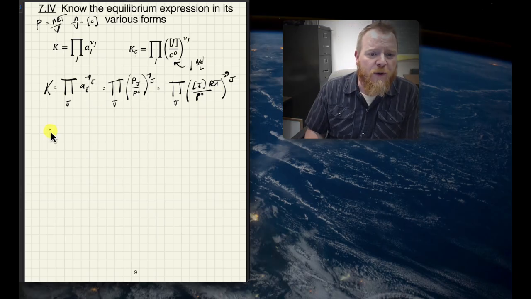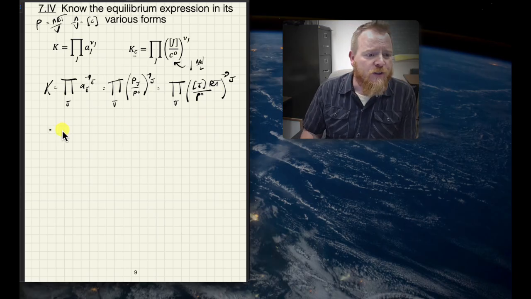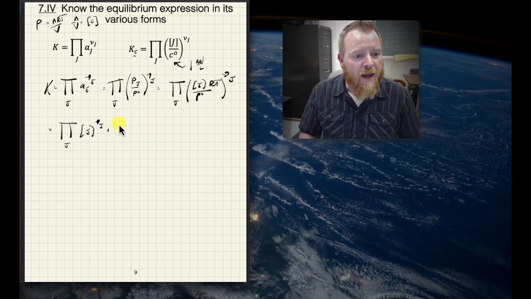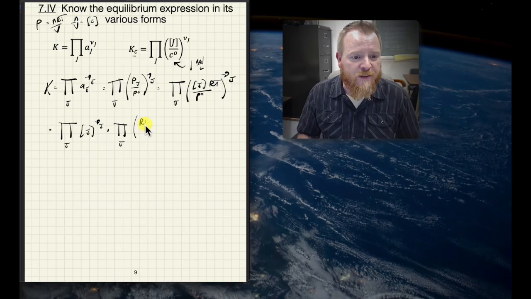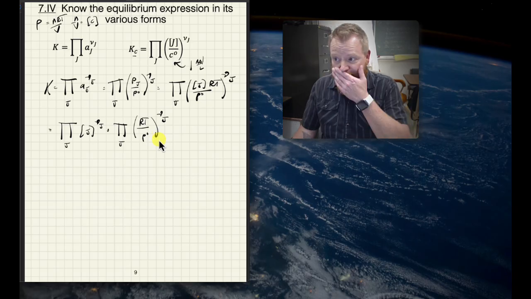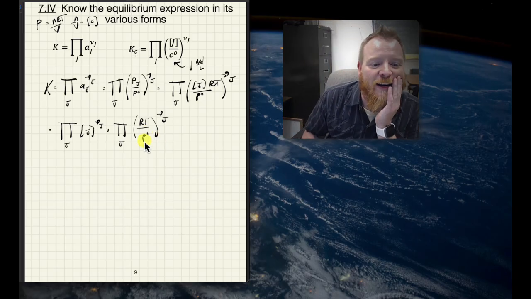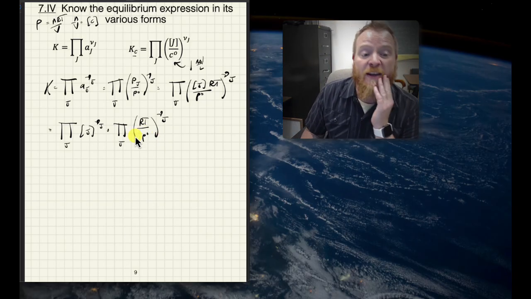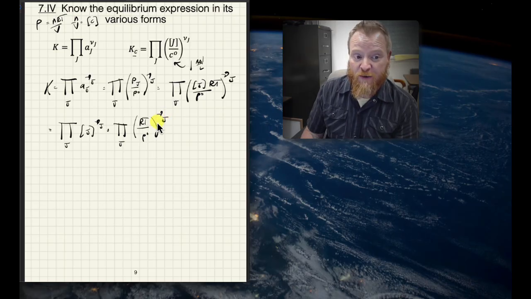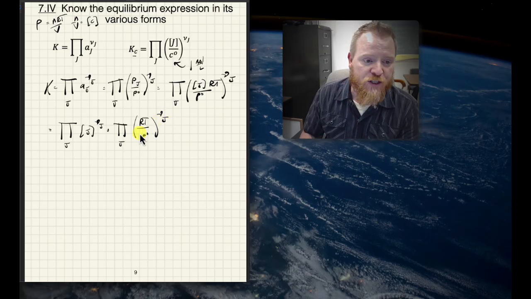Doing some algebra, I'm going to separate the concentration term and write that as [J] raised to the nu_J power, times the product of the other quantities, RT over P naught, raised to the nu_J power. Hopefully you recognize that all of those will be constants, with the exception of being raised to their stoichiometric coefficient.